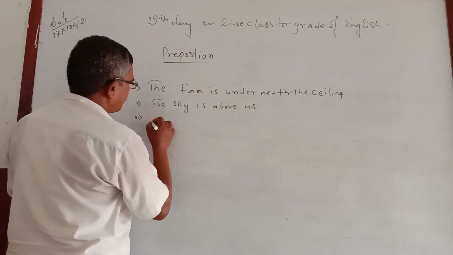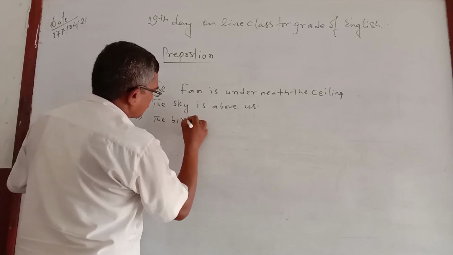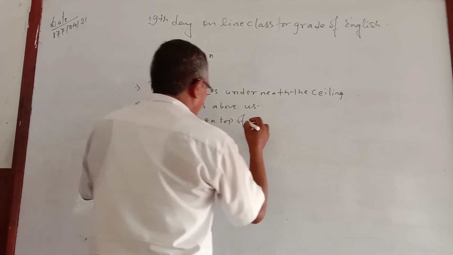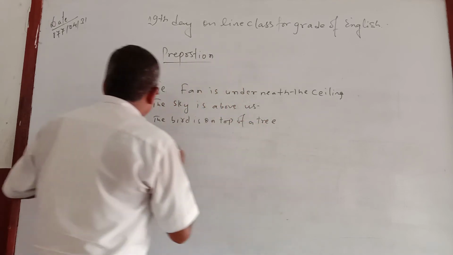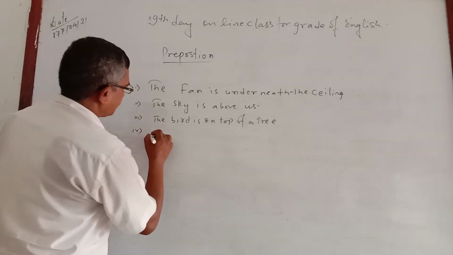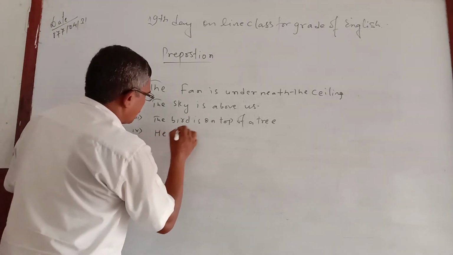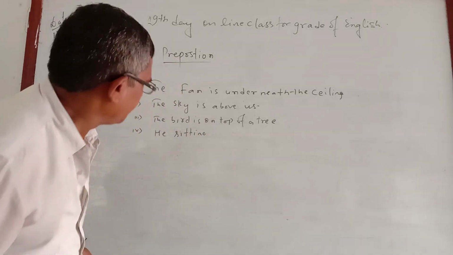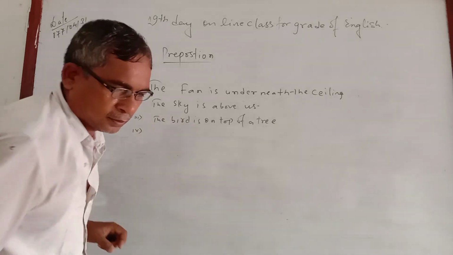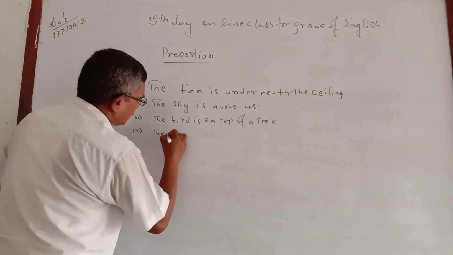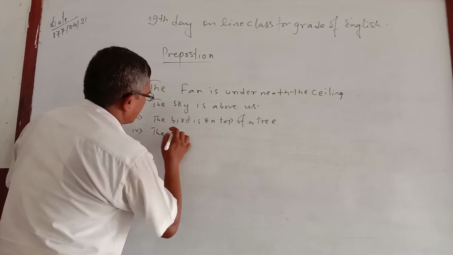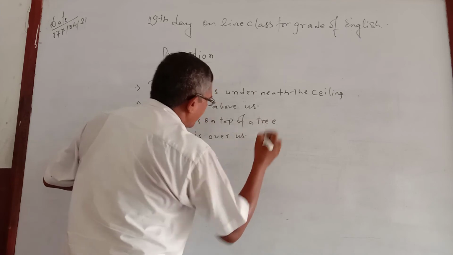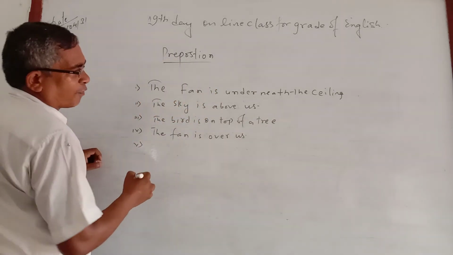Third one: The bird is on top of a tree. Fourth one: The friend is over us.